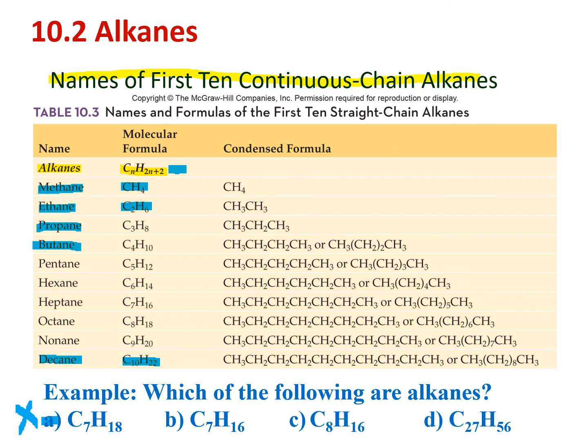C7H16 is an alkane, as we just calculated. C8H16 again cannot be an alkane, because with 2n+2, 2n will be 16, plus 2 gives us hydrogen number 18. So C is also not an alkane, and the last example, C27H56, is an alkane as well.